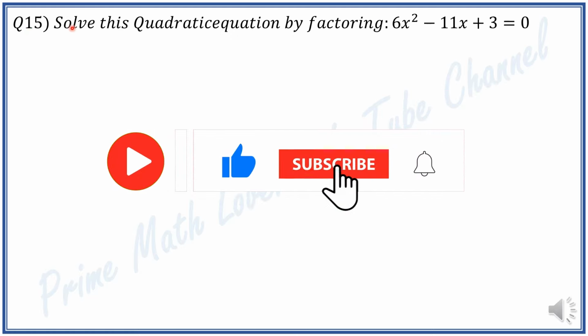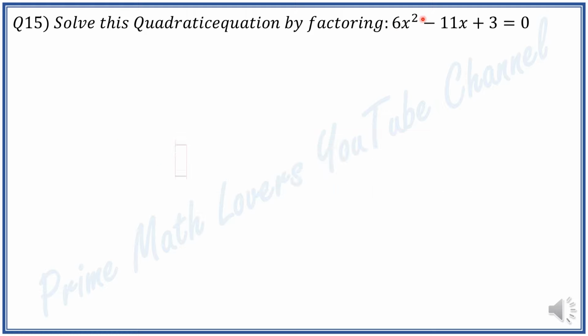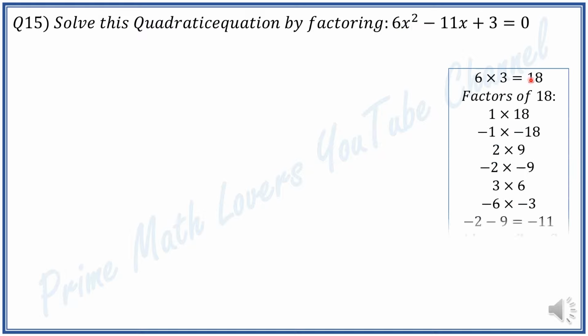Question 15. Solve this quadratic equation by factoring: 6x squared minus 11x plus 3 is equal to 0. First we multiply the coefficient of x squared, which is 6, with 3, and we get 18. Then we write down all the factors of 18, which are positive 1 times 18, negative 1 times negative 18, 2 times 9, negative 2 times negative 9, 3 times 6, negative 6 times negative 3.